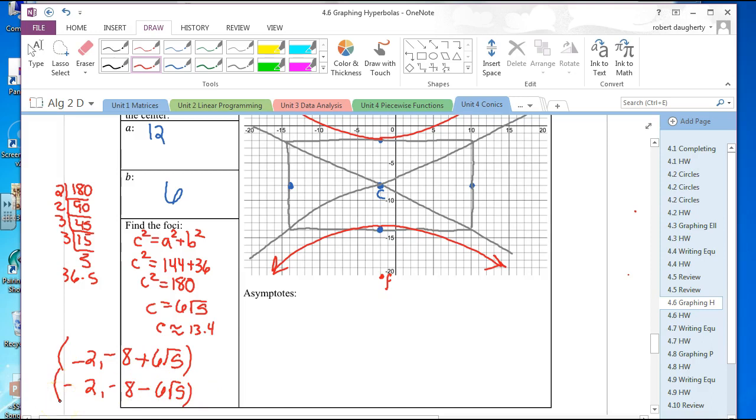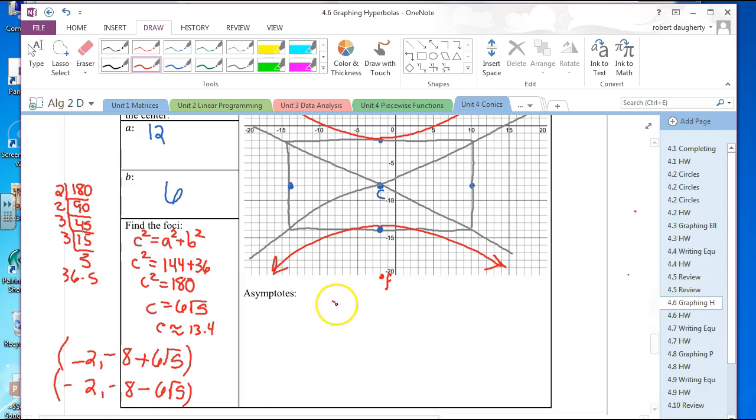So I use that focal distance C to say, I'm at the center, I go up that distance, I go down that distance. What if it had been horizontal? What would the focal points be? If I needed to travel horizontally this distance, what would these points be? Yeah, negative 2 plus 6 root 5, and then negative 2 minus 6 root 5.